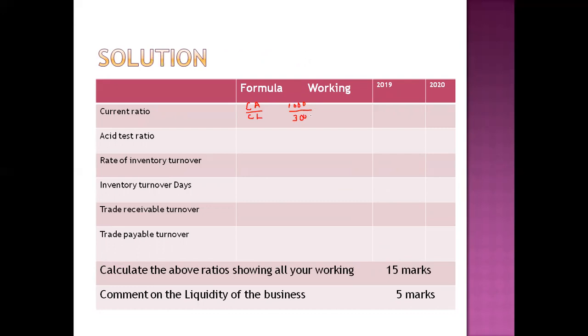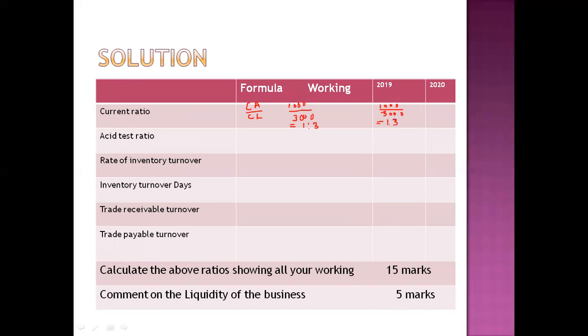Then the ratio will be 1:3. You can write the working here so that it does not disturb the other formulas. 1,000 over 3,000, the ratio will be 1:3.